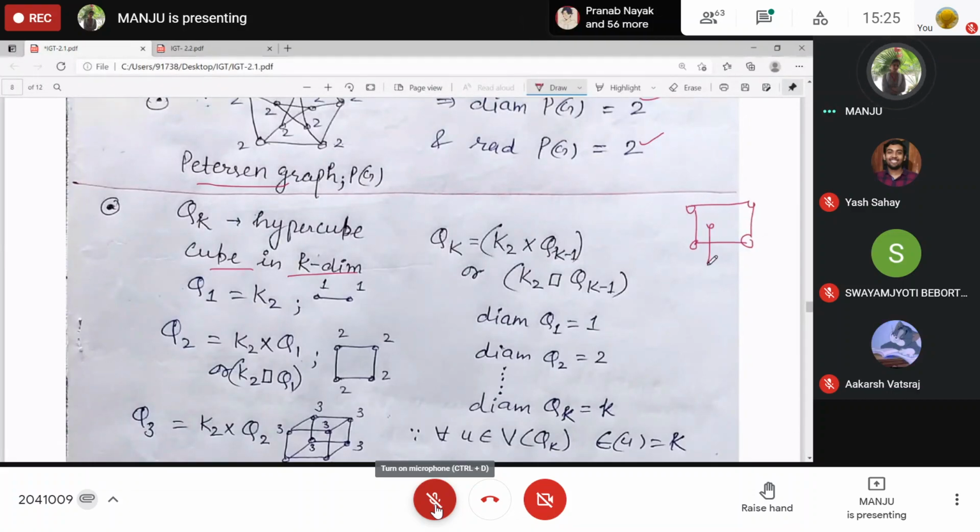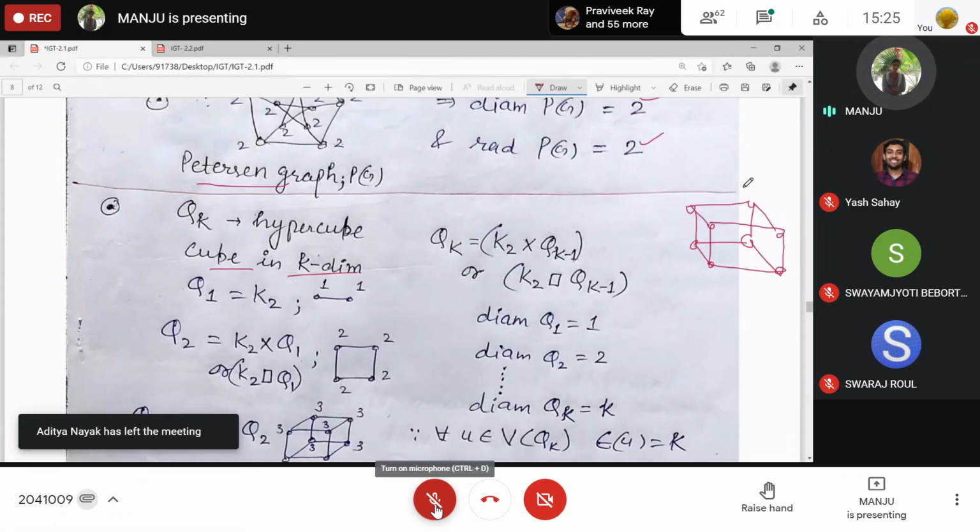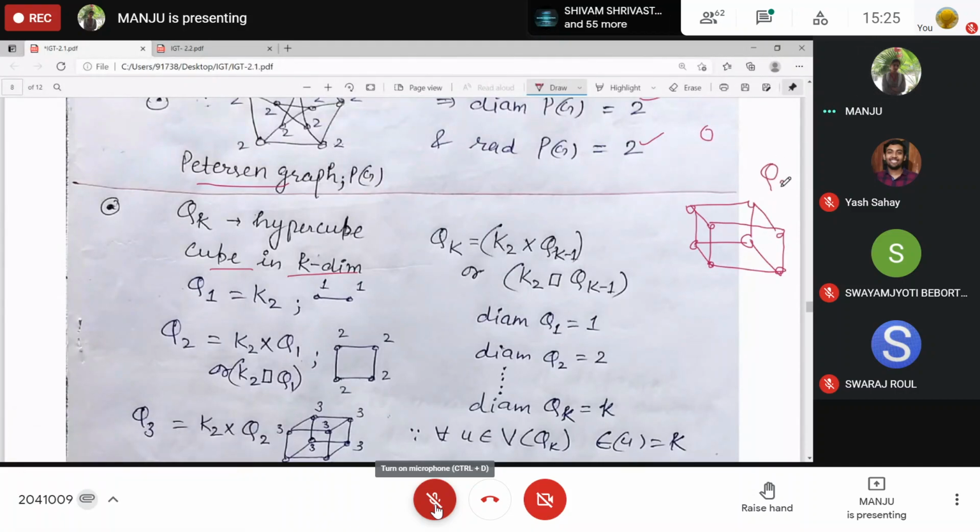It's not exactly cube looking like. Anyways, this is cube in 3 dimension, right? So this is Q3. Qk is hypercube, that is cube in k dimension.